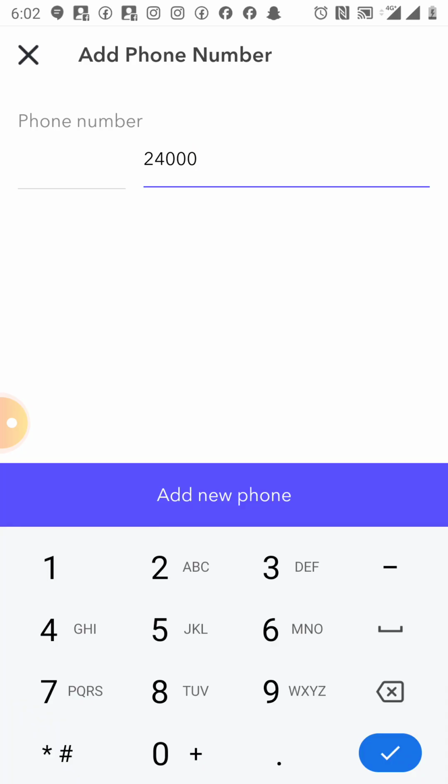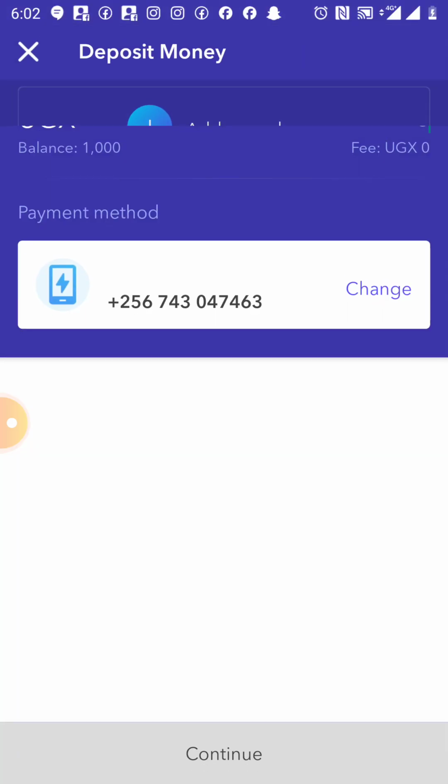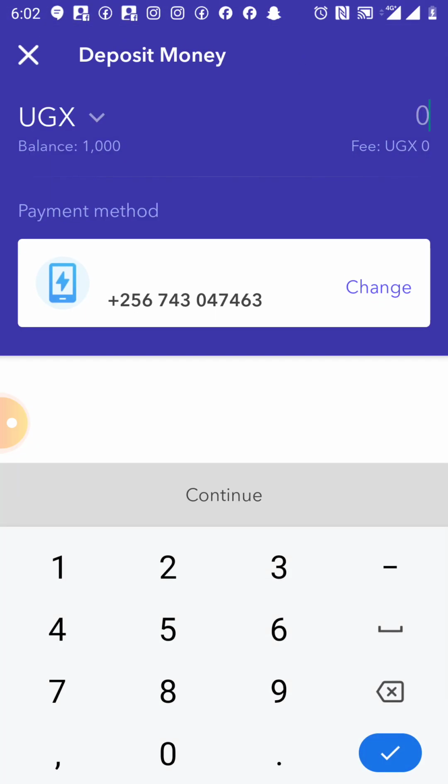Sorry, I'm not adding a new number. This is the number that I already have. So I'm going to be putting a deposit of, let me put 25,000.